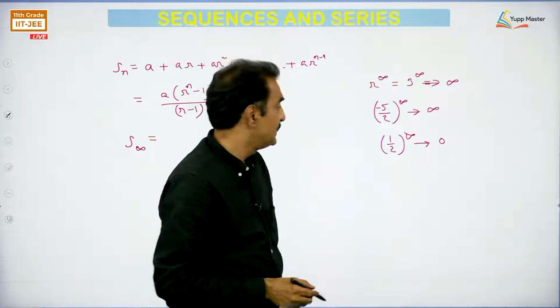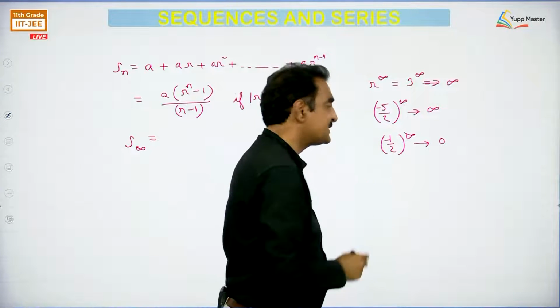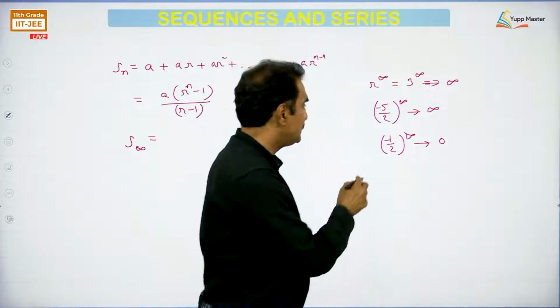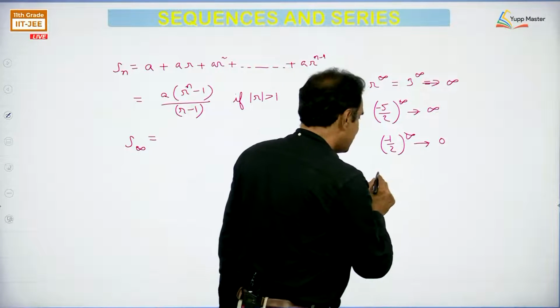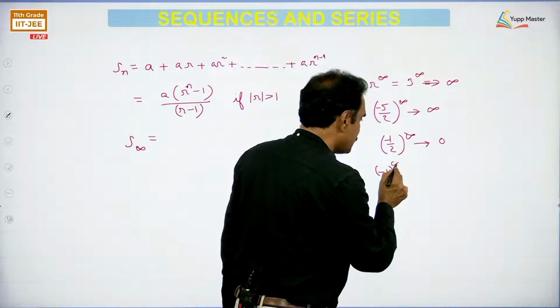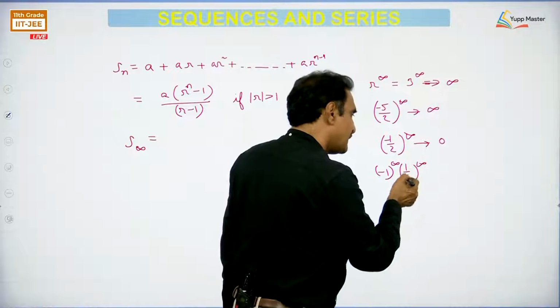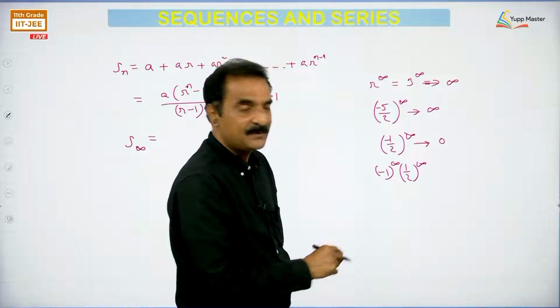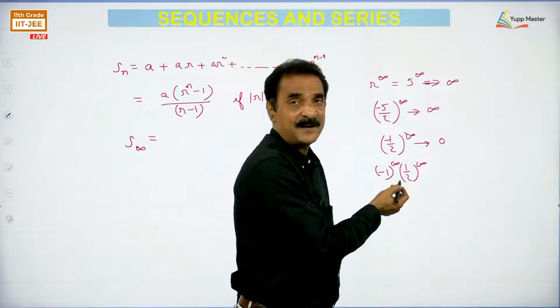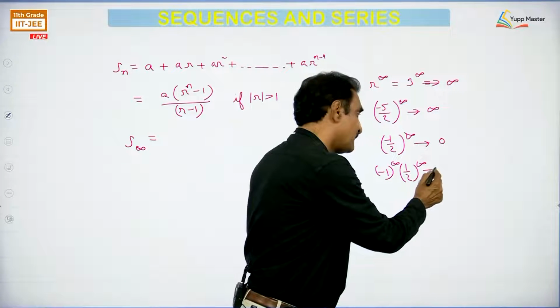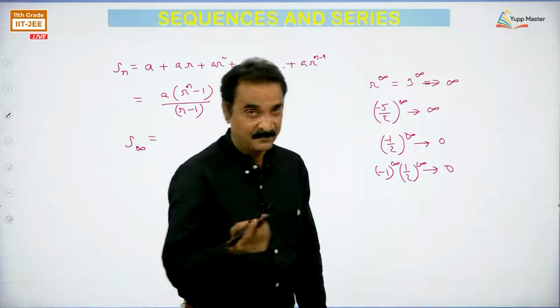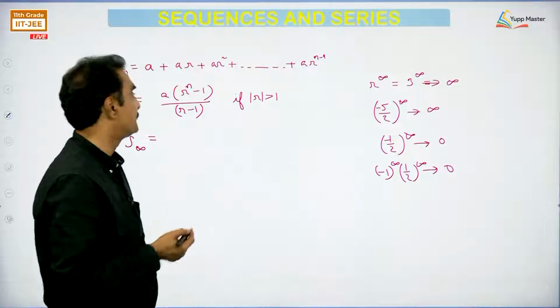And here also, even if it is negative, you can separate that negative sign and write minus 1 whole power infinity into 1 by 2 power infinity. 1 by 2 whole power infinity tends to 0. This may be plus 1 or minus 1, but the final product will be tending to 0.